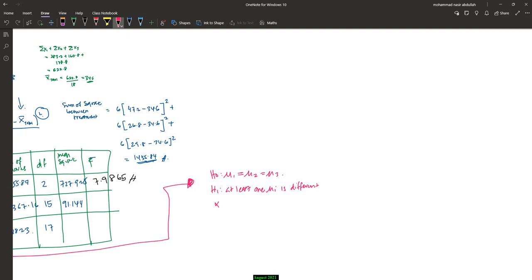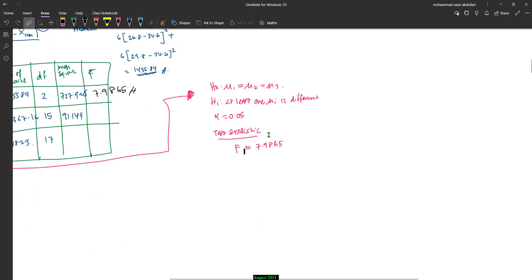So alpha is equal to 0.05. Test statistic, F value is equal to 7.9865. So now we know the F value is 7.9865. So this is the F calculated.